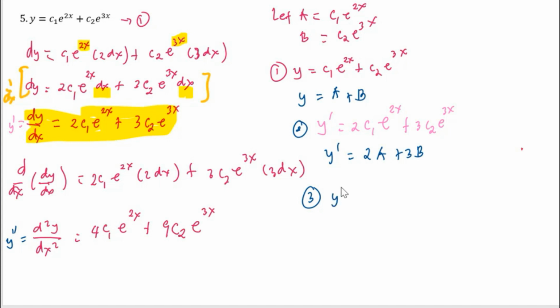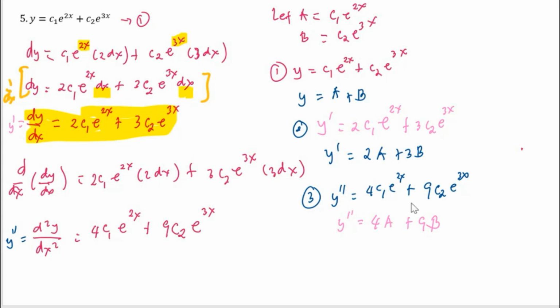So we have now y double prime is equal to 4c sub 1 of e raised to 2x plus 9c sub 2 of e raised to 3x. If I change the term c sub 1 of e raised to 2x in terms of the assumption of a and b, we could write y double prime is equal to 4a plus 9b.